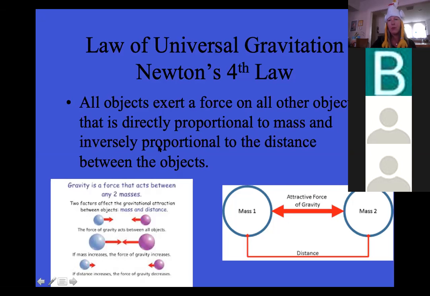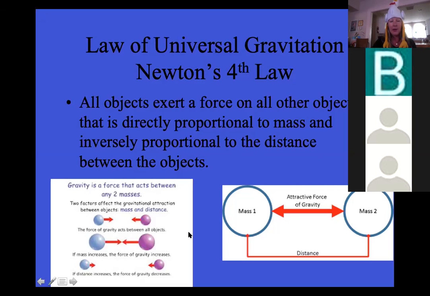Inversely proportional means the opposite. So it's flipped. As one increases, the other decreases. So distance is inversely proportional to gravity. As the distance between objects increases, the force of gravity between them decreases. As you get the objects closer together, as the distance decreases, then gravity increases.